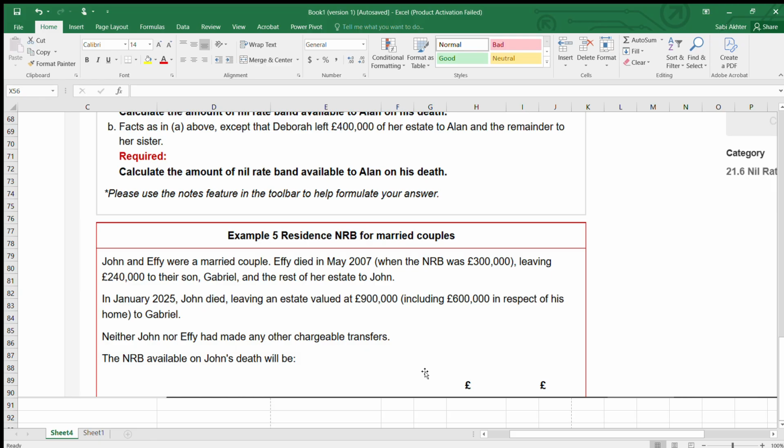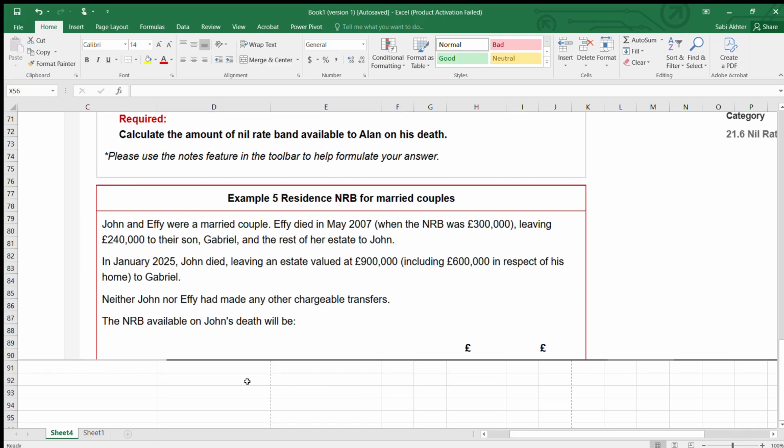So the residence nil rate band would be 175,000 into 2. One is John, the other one is Effie. And the total is 350,000. This residence nil rate band.